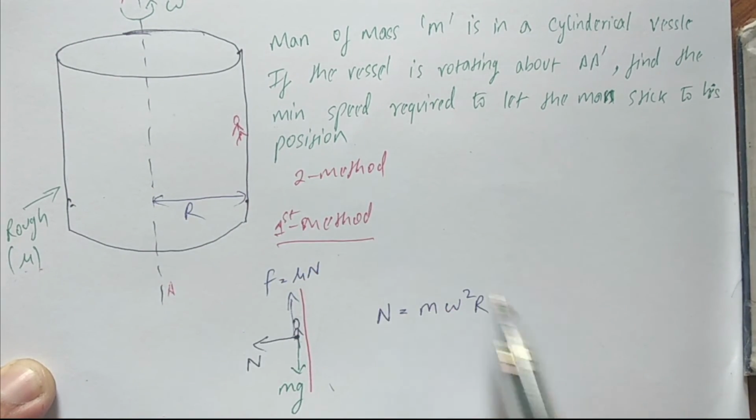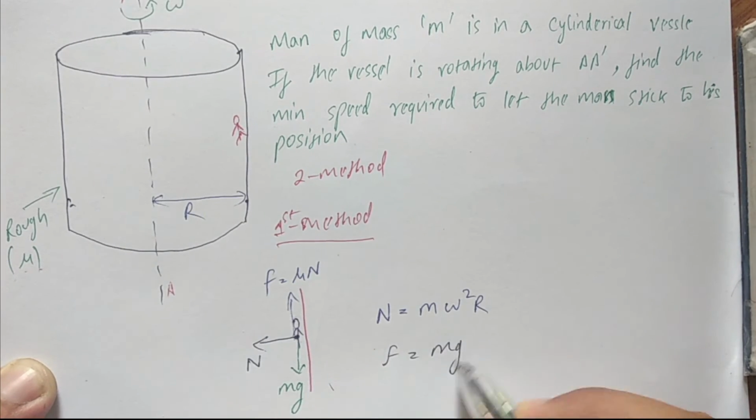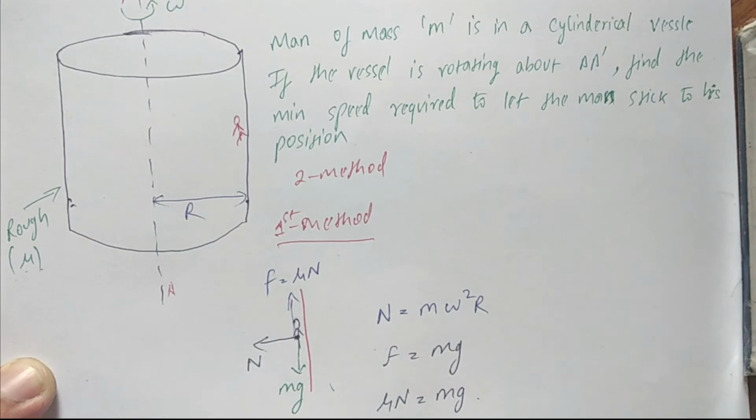This is equation 1. Also, you can see that the frictional force is equal to the weight of this person. So mu n is equal to mass into gravity. This is equation 2.